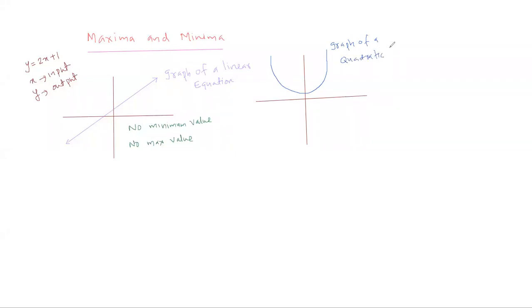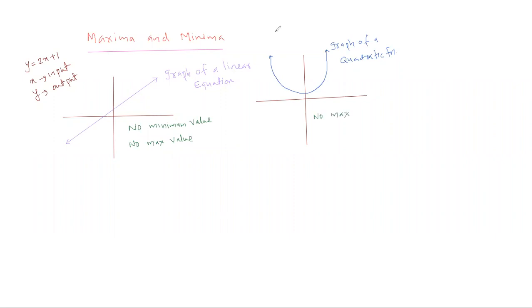Okay, the parabola shape is U-shaped, whatever it is. And what about this function? Does this have a maximum value? Is there any maximum value? No maximum.